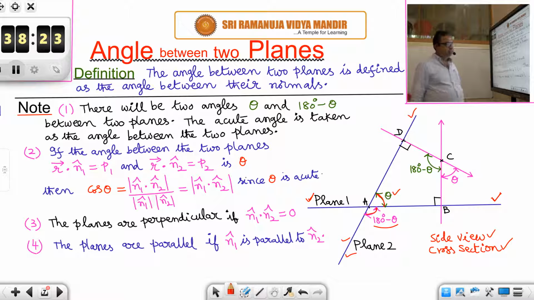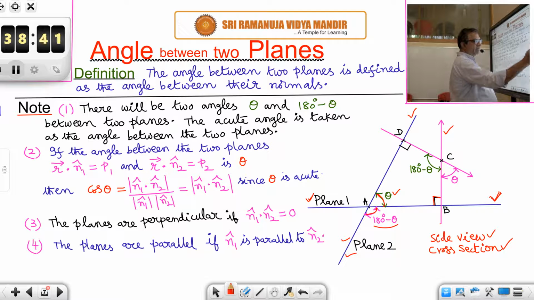Now what we are doing is, take plane 1 here, this blue color, and I am drawing a normal vector in pink color, at 90 degrees here. So this pink vector going up is perpendicular to plane 1.